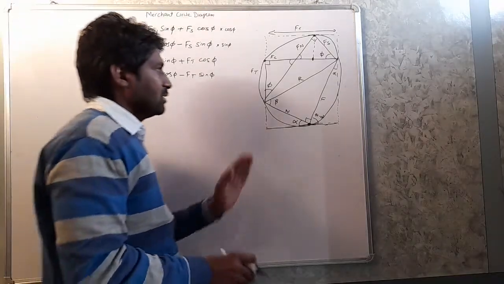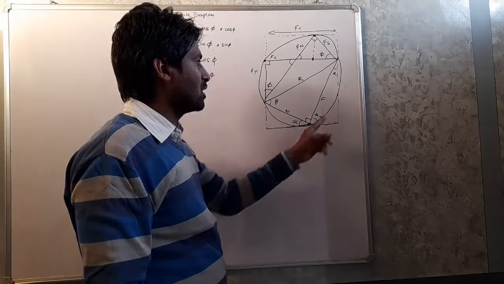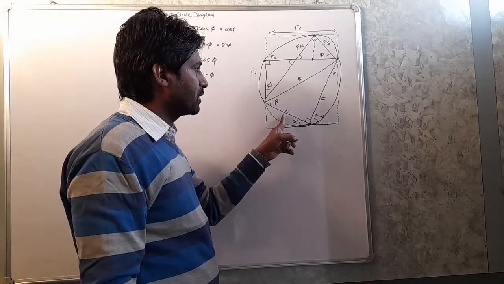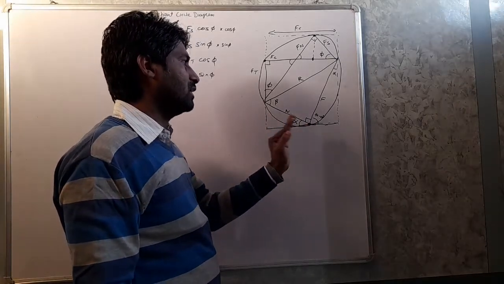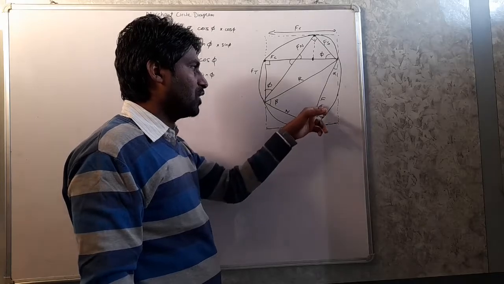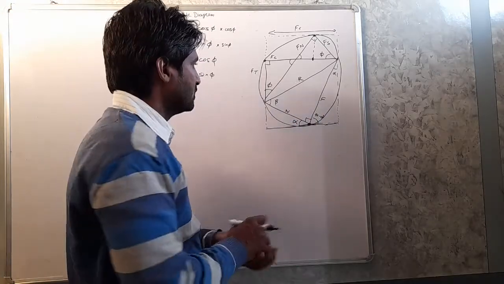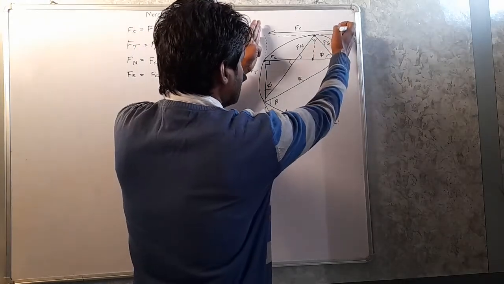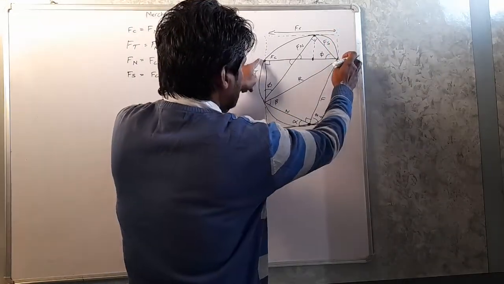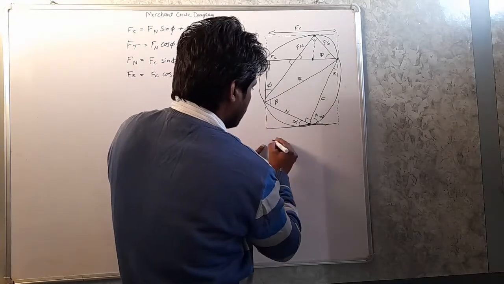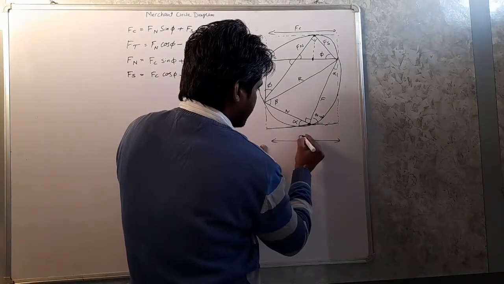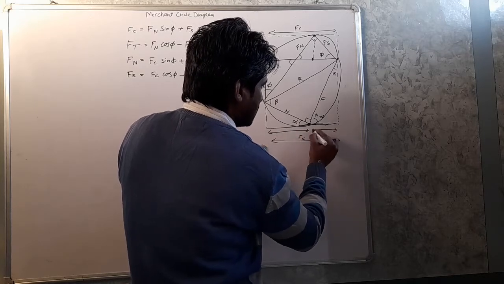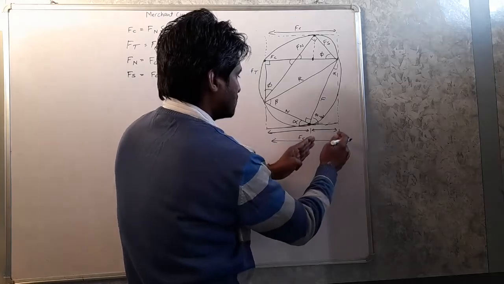Now we will calculate the value of Fc and Ft in term of friction force F and normal to friction force N. Then we will calculate the value of F and N in term of Fc and Ft. First consider this Fc. Similar to this, this length is same, so Fc is equal to this one, and this is this length plus this length.